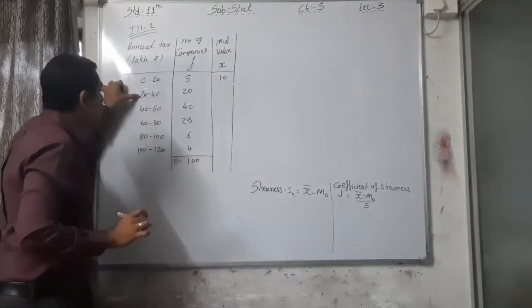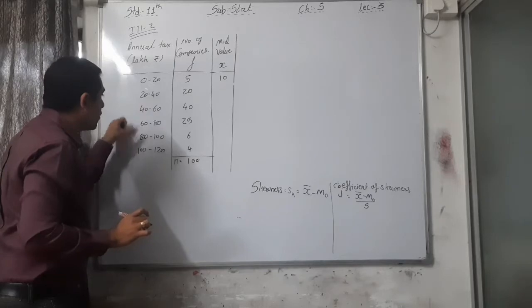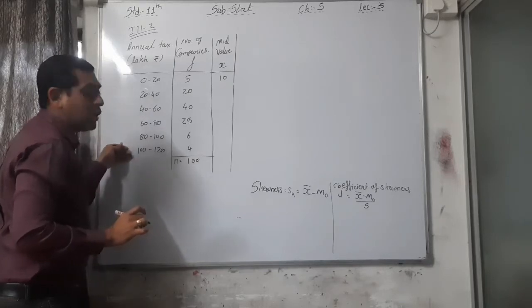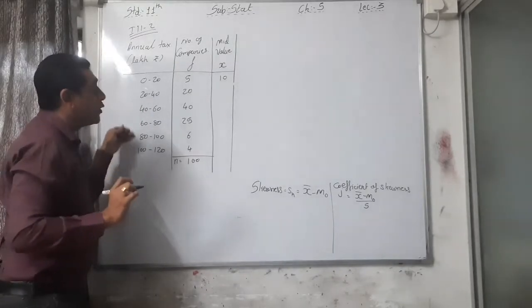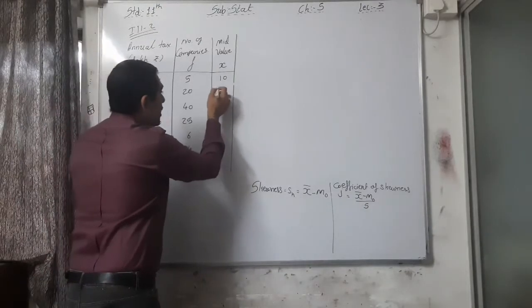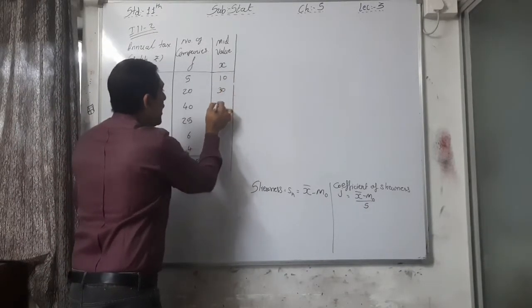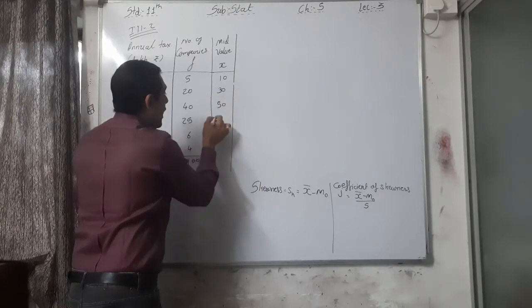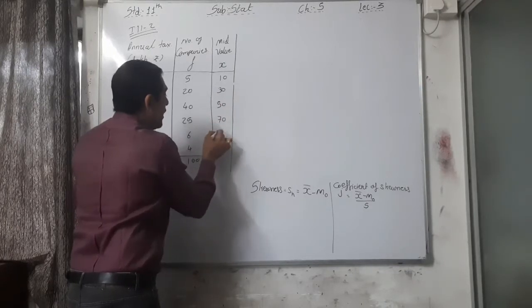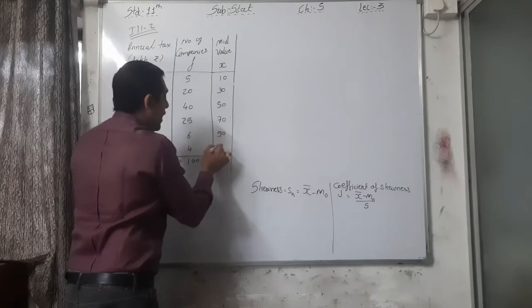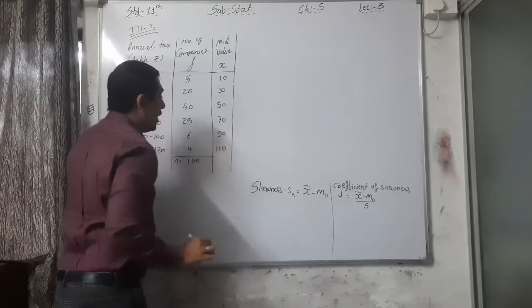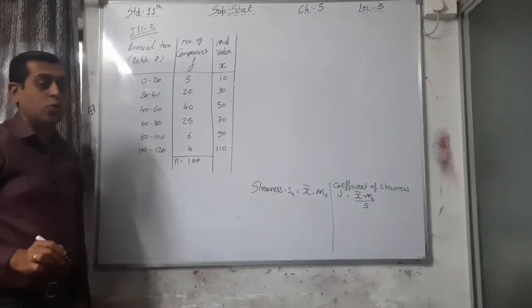Now the class interval is equal, 20, 20, 20, 20, so you can just add 20 to find the next mid values. 30, then add 20, that is 50, then 70, then 90, and then 110. These are the mid values.